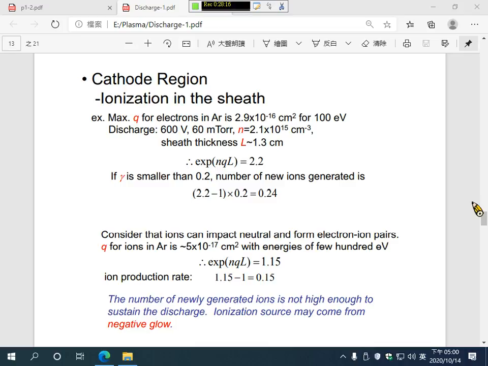Okay, so that you can get the exponential NQL. Q is the cross section, right? And the cathode layer thickness. Let us assume the cathode layer thickness is about 1.3 centimeter. So you got the QL, and you got the N in a previous place.